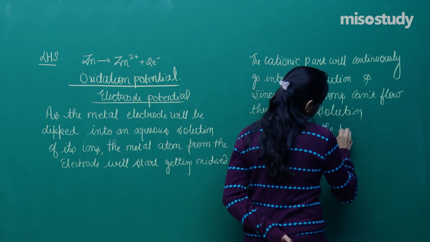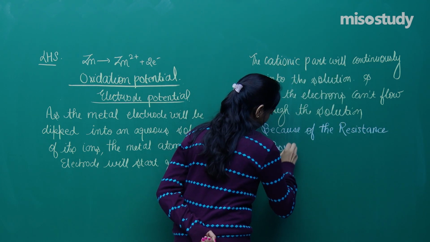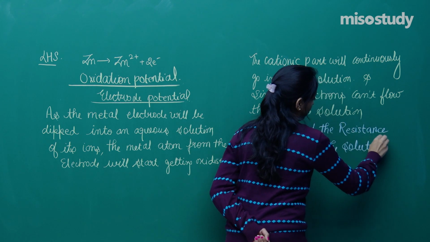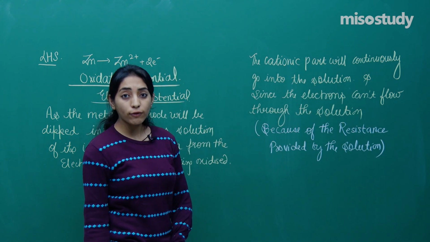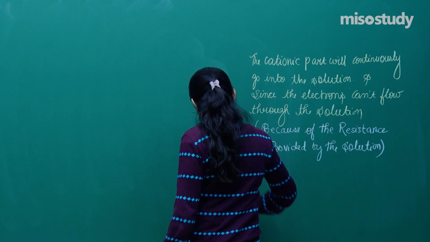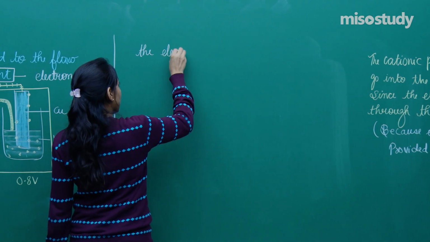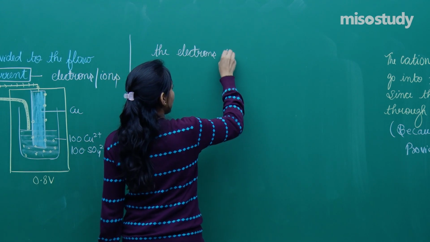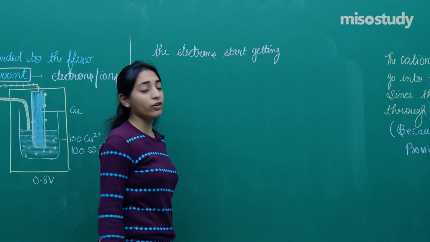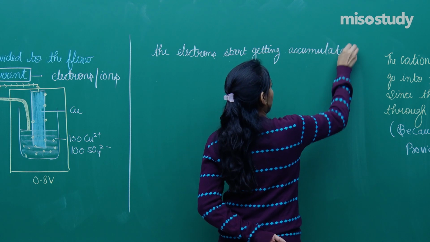So since the electrons cannot flow through the solution, the electrons start getting accumulated on the surface of the electrode.